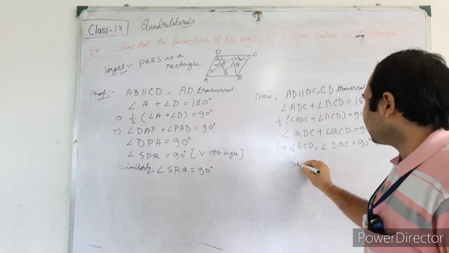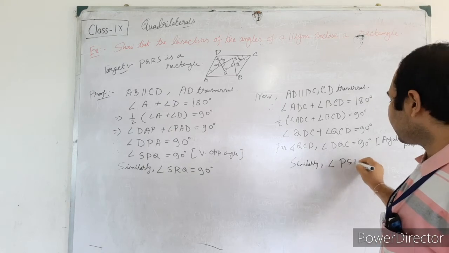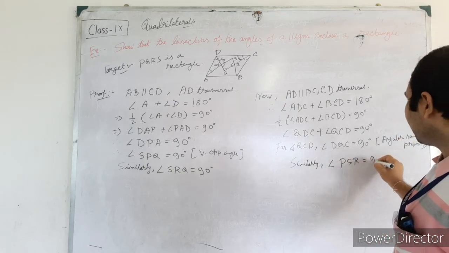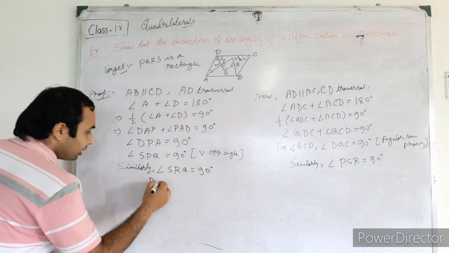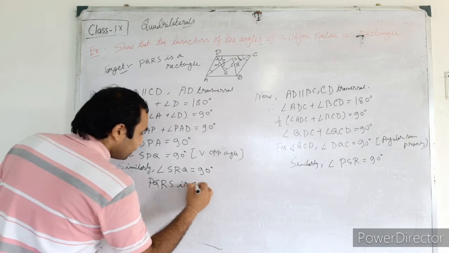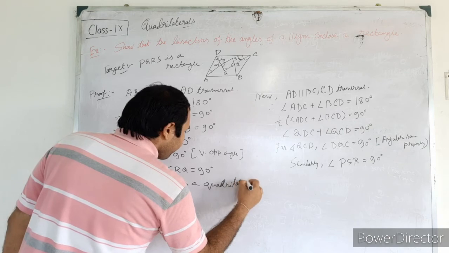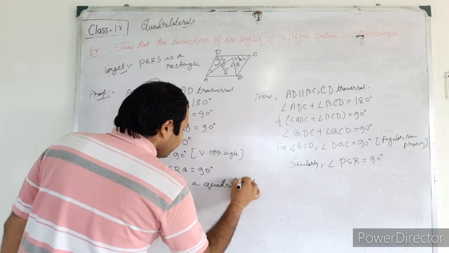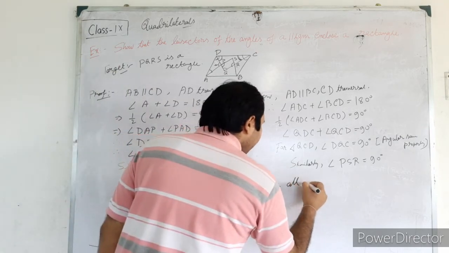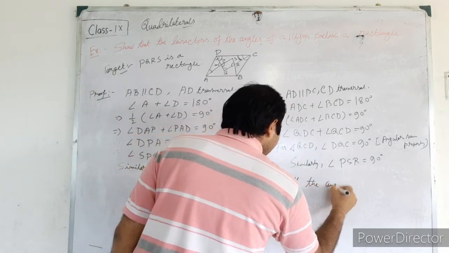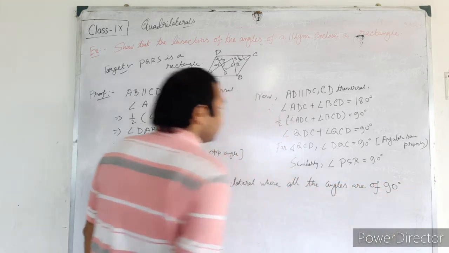Similarly, angle PSR is also 90 degrees. So finally we have got that PQRS is a quadrilateral where all the angles are 90 degrees.